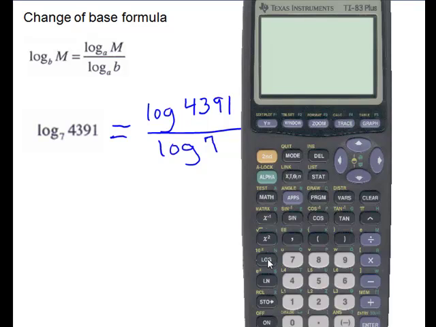So on our calculator we would do log 4,391 close parentheses divided by log 7 close parentheses, enter. So to 4 places, 4.3102. This 2 is not high enough, so it would drop off.